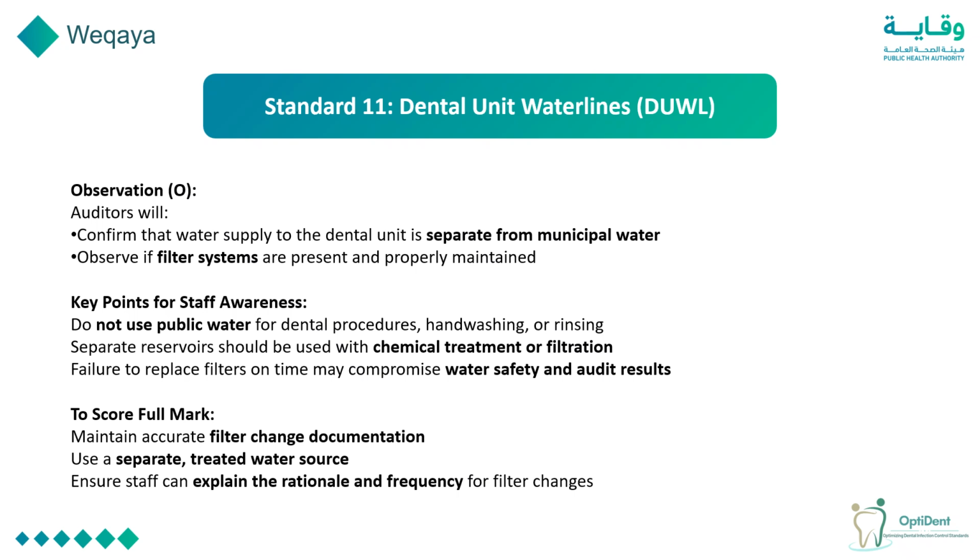For the observation method, the auditor will confirm that the water supply to dental units is separate from municipal water. Observe if filter systems are present and properly maintained and clean. So the observation will show the auditor the type of, like if he enters one of the clinics and finds a bottle that he uses as a source of water, and he asks the dental assistant what is the type of the water source in your dental clinic, and she did not answer.